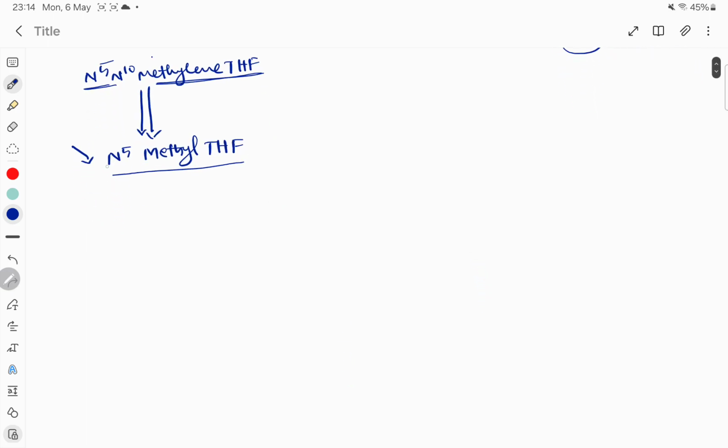Now just see how we are utilizing this N5 methyl tetrahydrofolate.